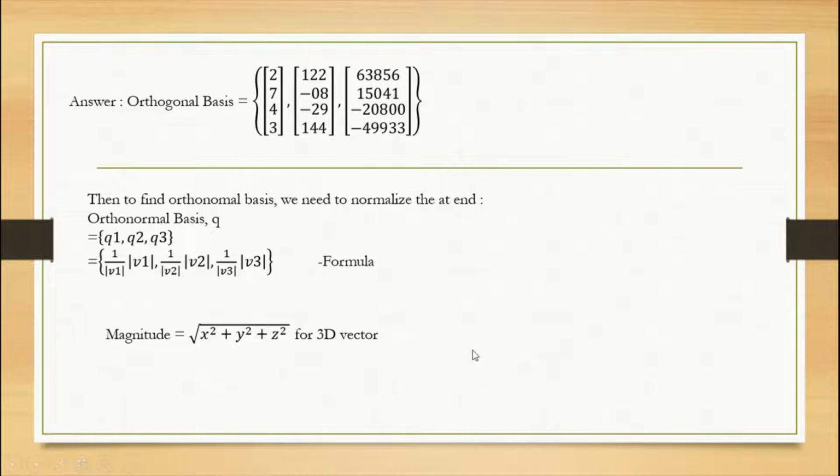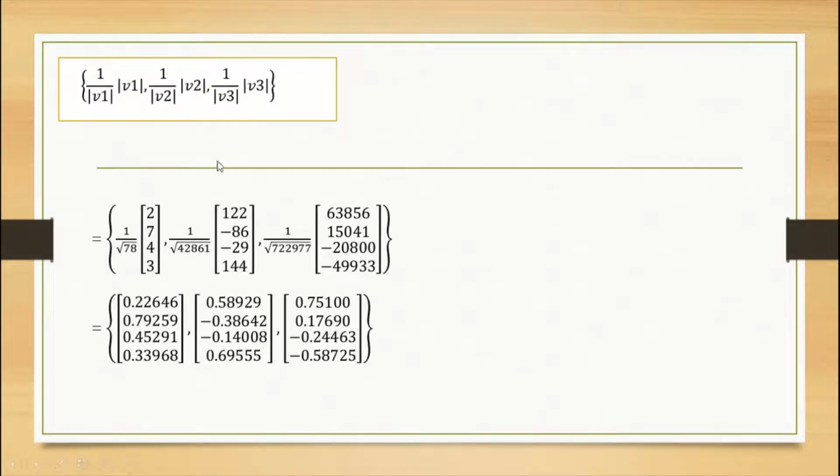We enter all the vector numbers from the orthogonal solution we have finished, and we get the solution for the orthonormal basis.